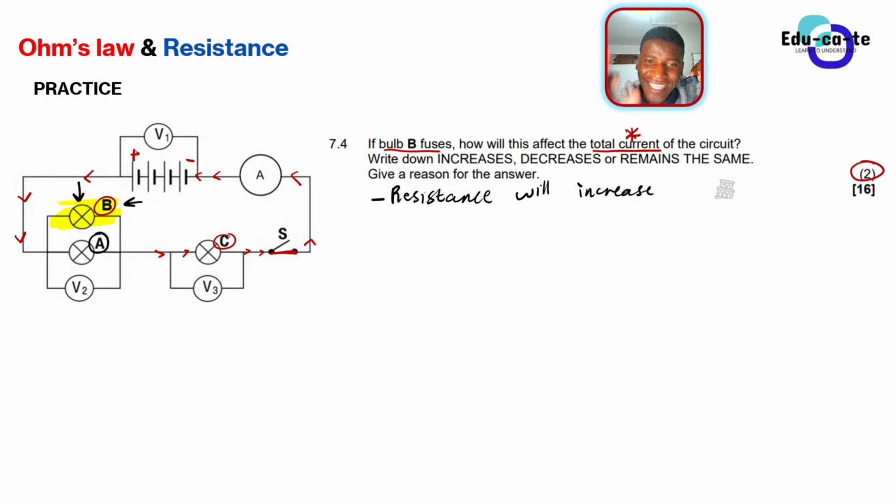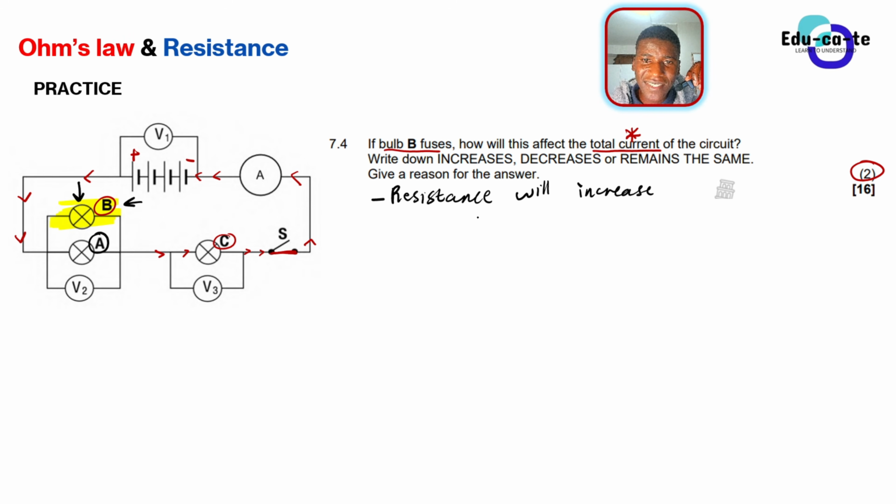When you keep on adding resistors in parallel, the resistance will decrease. I repeat, it decreases. So here I am removing bulb B, and bulb B is parallel to bulb A. So I'm actually taking a bulb out of a parallel combination. It's the opposite, so the resistance would have to increase.